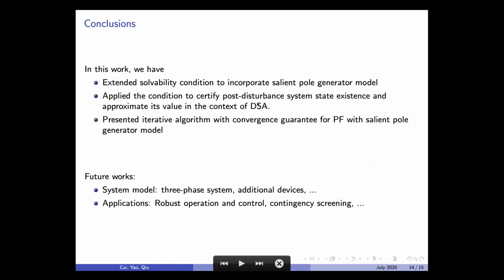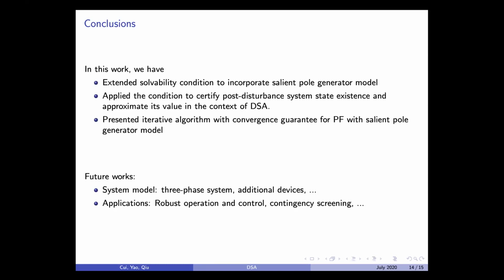So in conclusion, in this work, we have extended the solvability condition to incorporate a Cillian pole generator model. And we have also applied the condition to certify post-disturbance system state existence and also give approximation on its values in the context of dynamic security assessment.